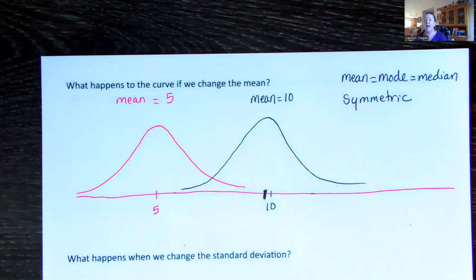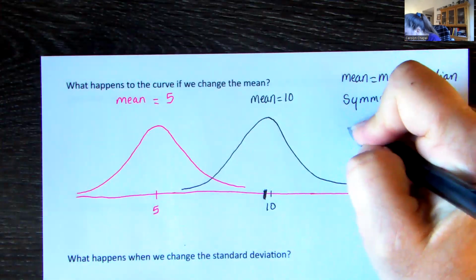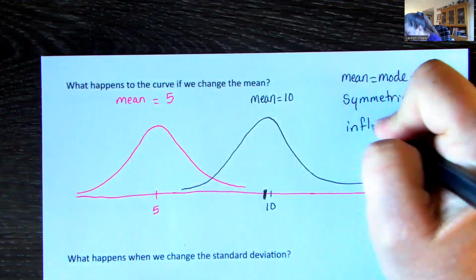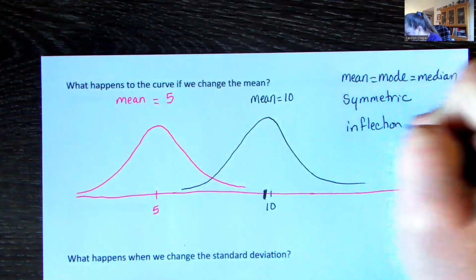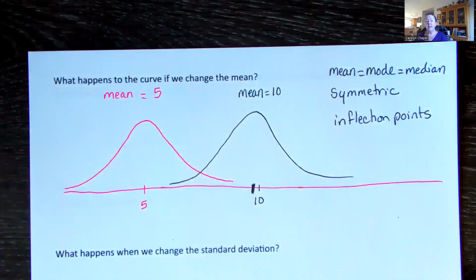Another nice fact is that we have what we call inflection points. An inflection point is where this curve changes, the best way to illustrate it is from being bowl shape up to bowl shape down, or vice versa.